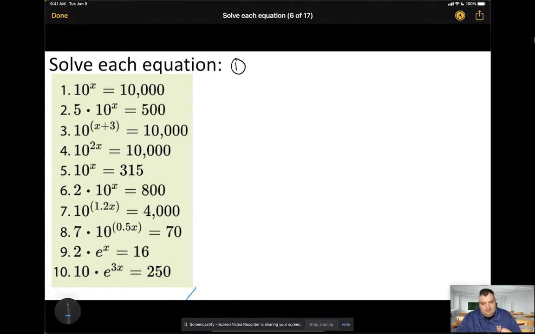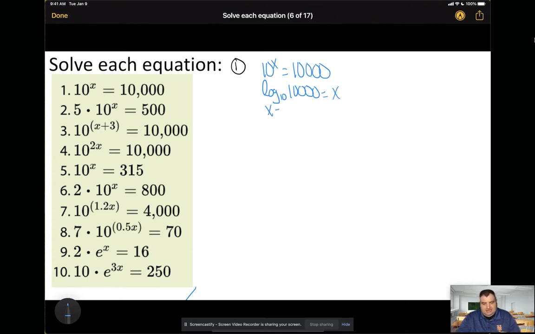Okay, so I have 10 to the power of x equals 10,000. The first step is to isolate the term that has the exponent. Well, in this case, the term is already isolated. So I can do the next step, which is to rewrite the equation in log form. So this is going to be log base 10 of 10,000 equals x.